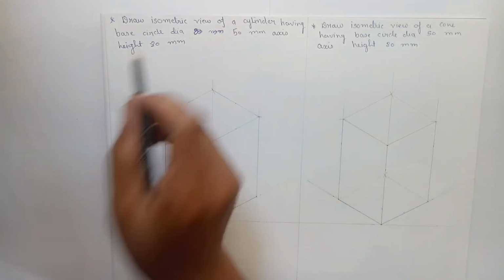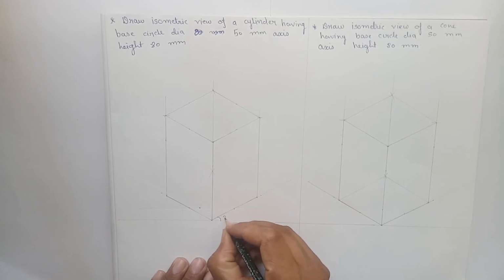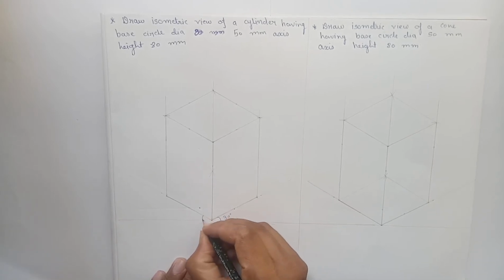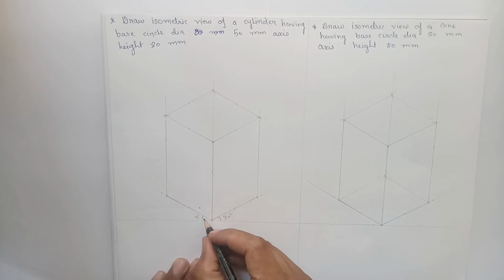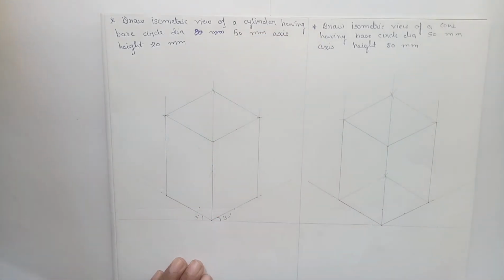If you want to draw the isometric view of the cylinder, first of all we have to draw a square prism having base length 50 mm and axis height 80 mm.